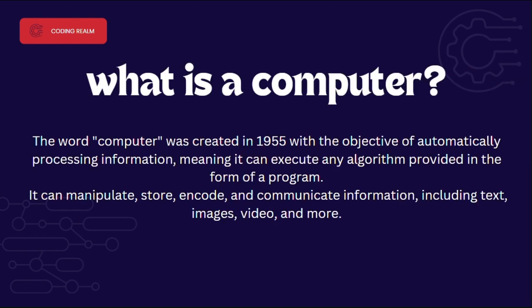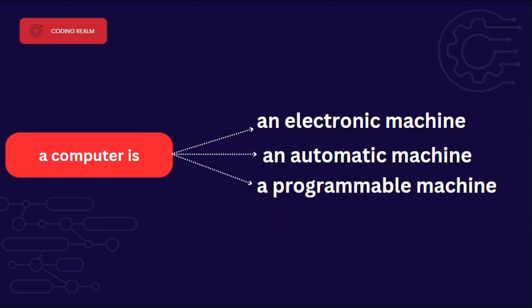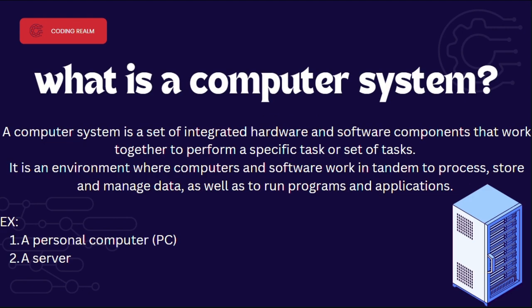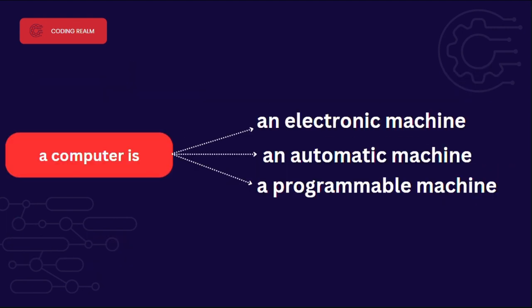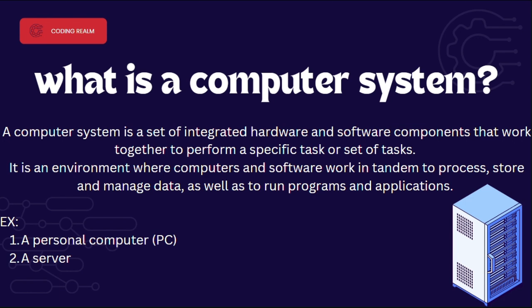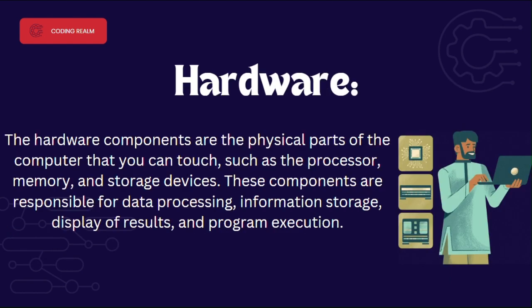And we learned today what a computer is and what the types of computers are, the hardware and software. And we will learn also the three definitions of a computer. We will learn also what a computer system is and the difference between the hardware and the software.